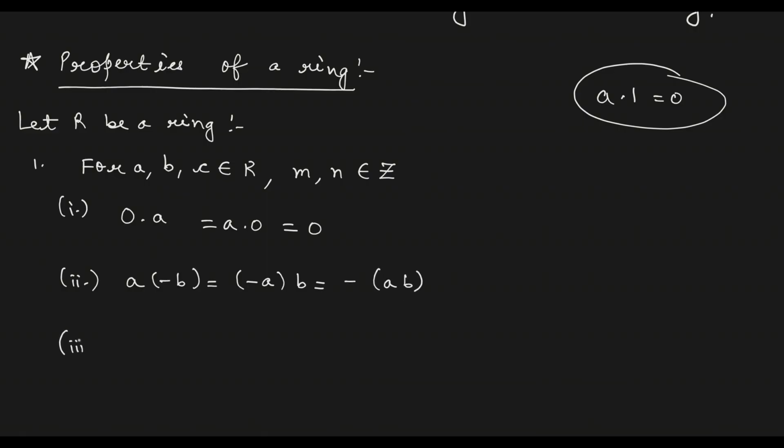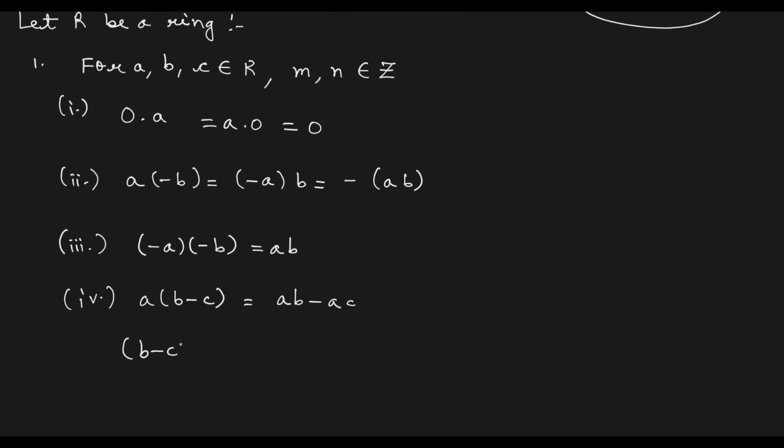Third, minus a into minus b, this will be ab. Fourth, a into (b minus c): left distributive law, ab minus ac. Right distributive law, (b minus c) into a, ba minus ca.